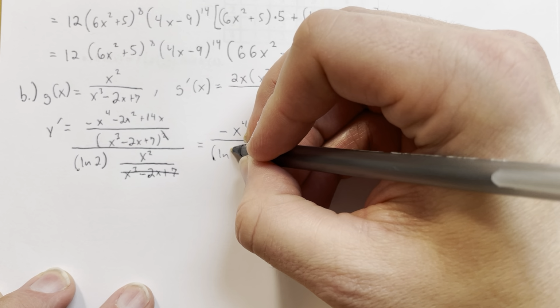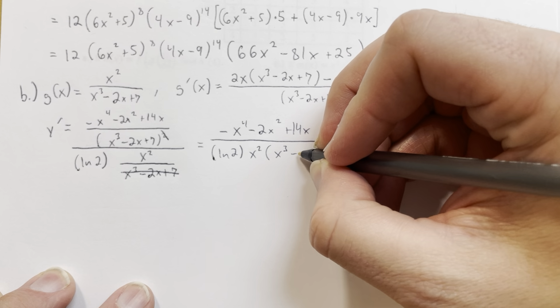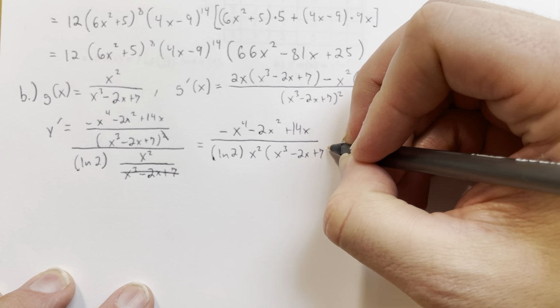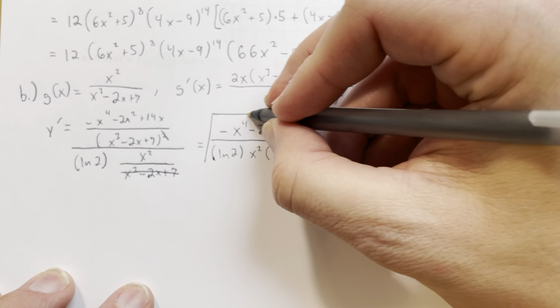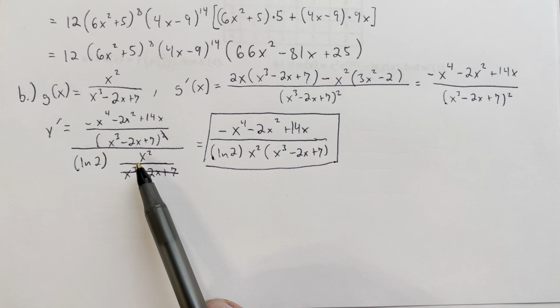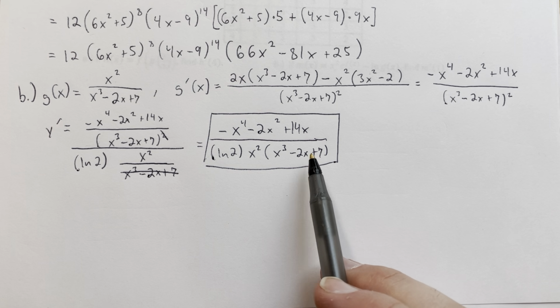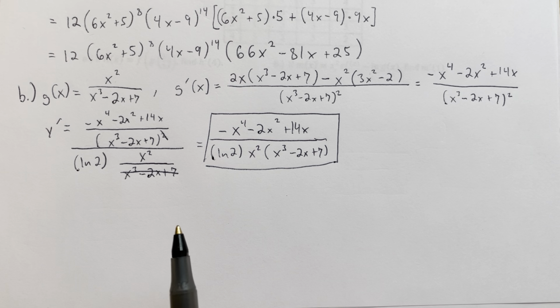So that's natural log of 2, x squared, x cubed minus 2x plus 7. Just like that, okay? And again, it would not have been wrong if I had left it in this form. But again, because we want to use these derivatives in some applications later, it's beneficial to us to have this thing in a simplified form. So this is much more simplified than the way that we wrote it here.